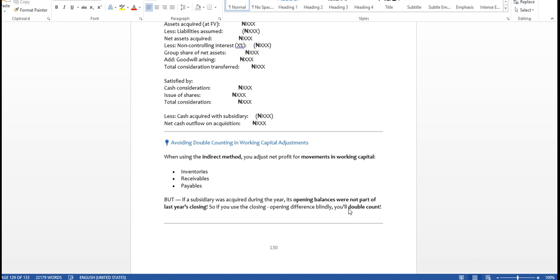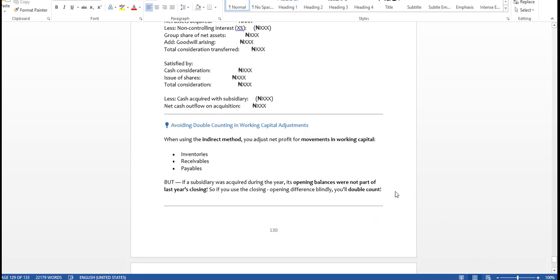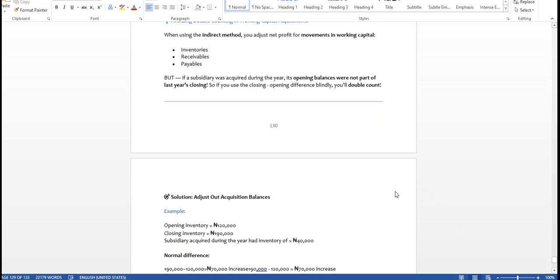But before the end of the year, I already have another company, a subsidiary that has an opening inventory of 1 million naira. So it is not the same anymore. So the opening balances are not part. If I'm using the closing balance minus opening balance difference, there will be double count because my closing balance has included the opening balance of that subsidiary that I acquired in July. I don't know if that makes any sense.